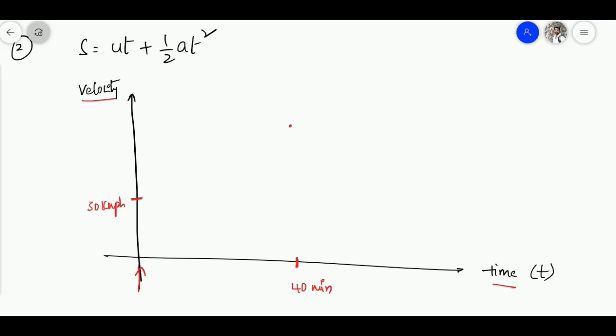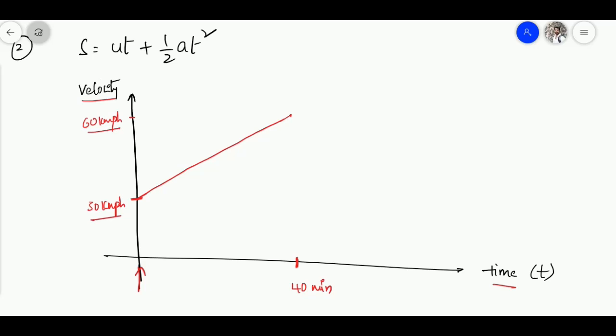And one more thing: after starting my bike, I didn't decrease my velocity, but I kept on increasing my velocity. After 40 minutes, I found that my velocity reached somewhere around 60 km per hour on the speedometer.